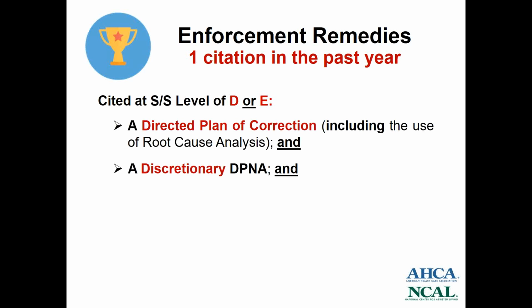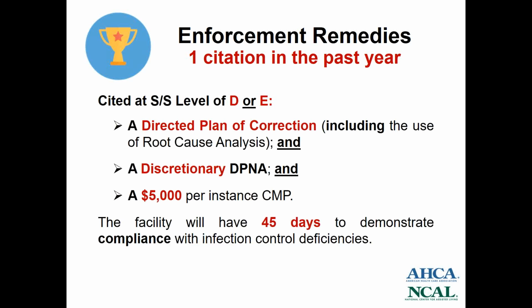But in addition to that, there is going to be a CMP, or civil money penalty, at $5,000 per instance. So that's kind of new for a D or an E level, and that's important for you to acknowledge or recognize. And again, the facility is going to have 45 days to demonstrate compliance with these deficiencies.